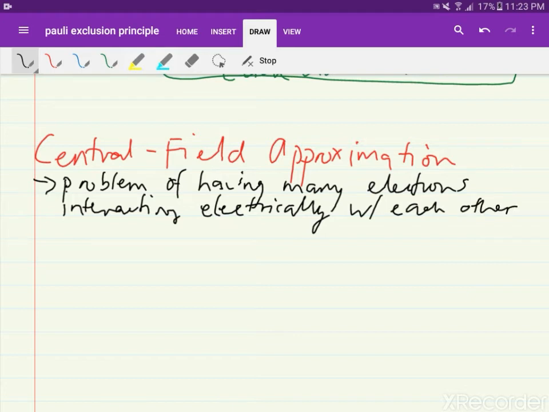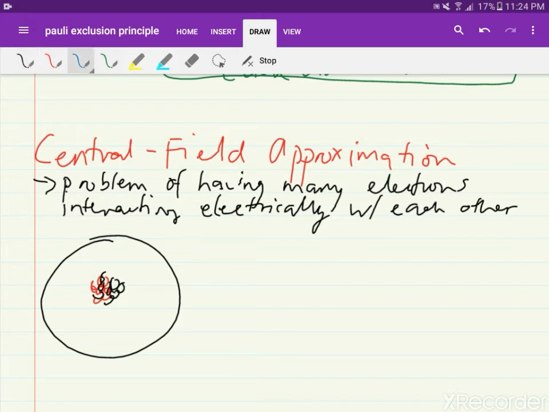So what is the central field approximation? Take our Zth element from before. For example, it has many protons, many neutrons, and it will have, of course, many electrons too.